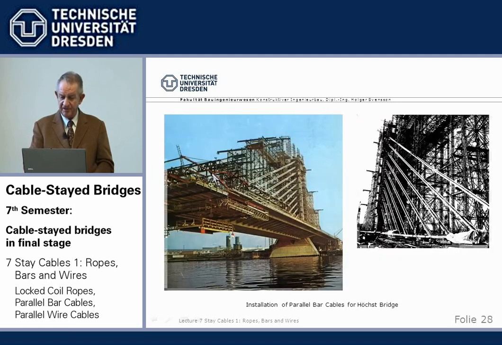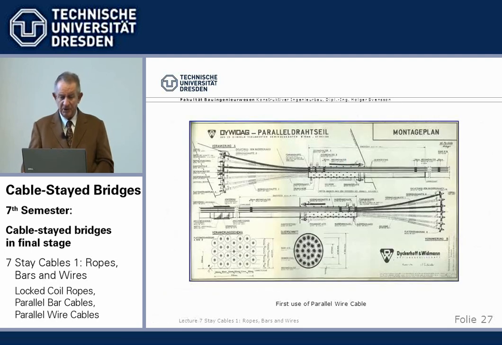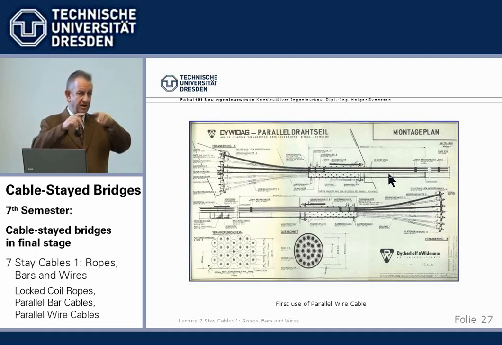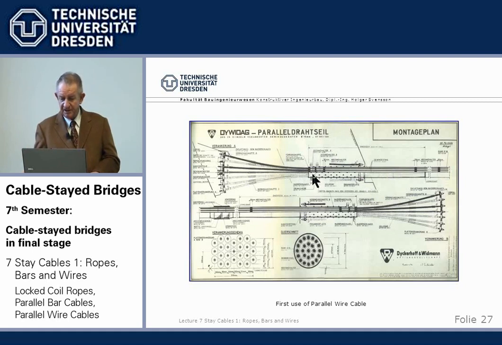Developed by Finsterwalder for the second Höchst bridge, which we mentioned earlier. He wanted to use Dywidag stress bars, and what he did, he had for permanent loads these bars with a thread and a nut at the end. That's the concrete cast in. Outside he used a heavy, thick steel pipe around, and had a special bonding mechanism cast into the concrete.